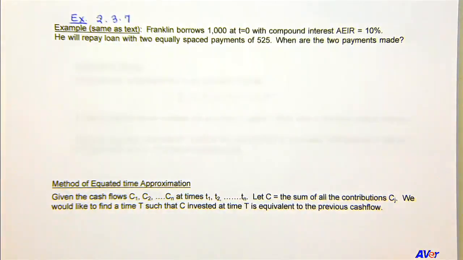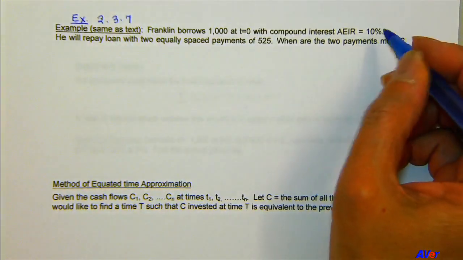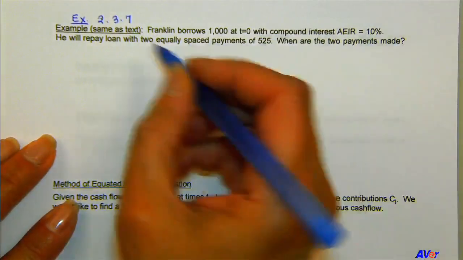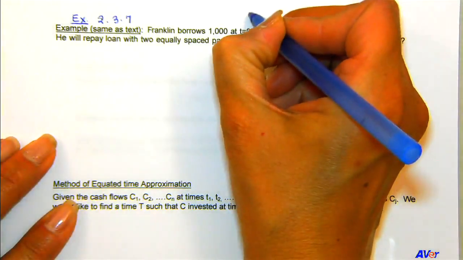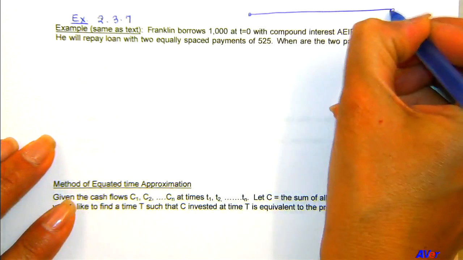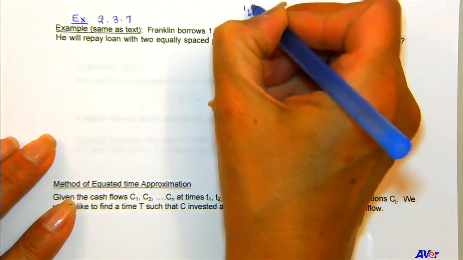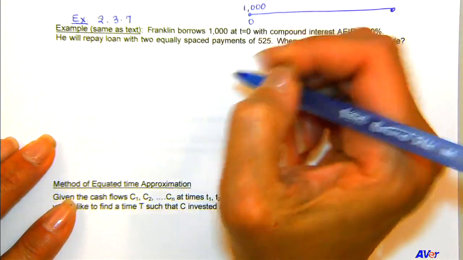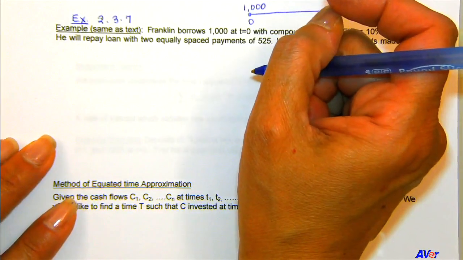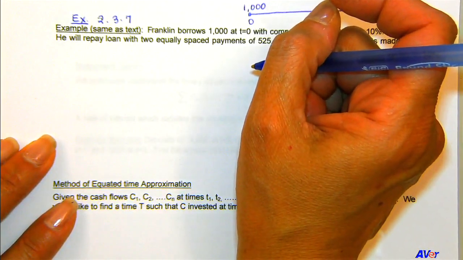It says Franklin borrows 1,000 at t equals 0. Let's draw a timeline. Borrows, so it's positive for him, because the money is coming in for him.